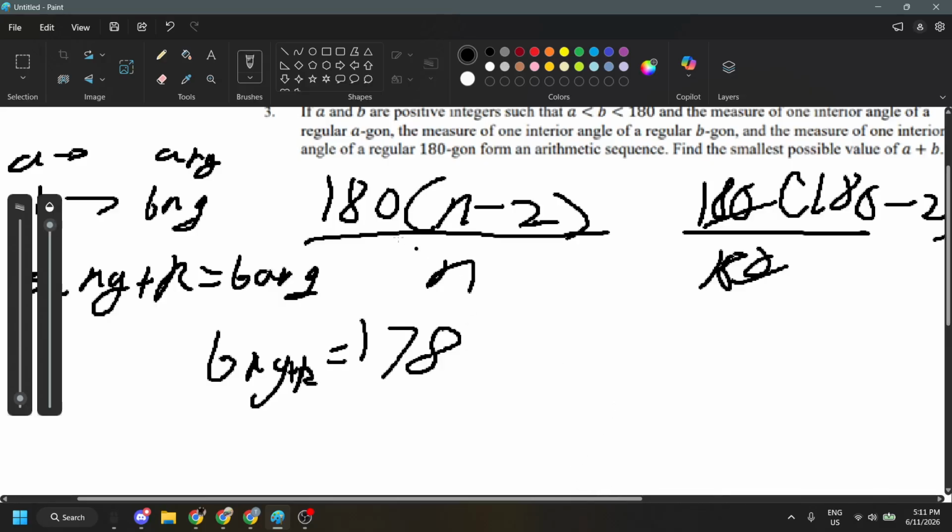So like let's say we have 60, or minimizing a plus b. Okay, so n is equal to 3, then we go to 60.